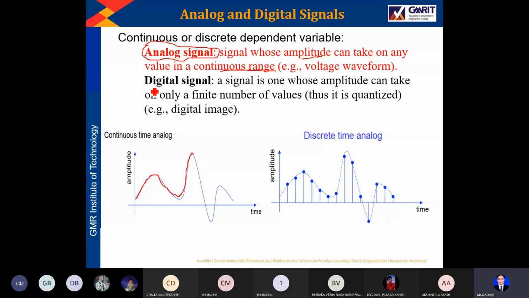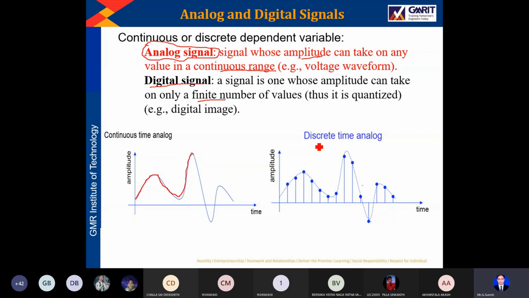On the contrary, a digital signal will have a finite number of values. So now you can see this is one value, another value, like this you can count a finite number of values. And in some cases it can be 2 or 3 or 4 also. If it is 2, then we'll call it a binary signal.